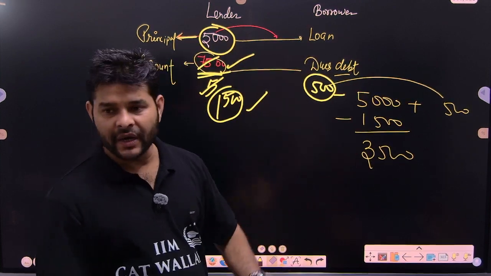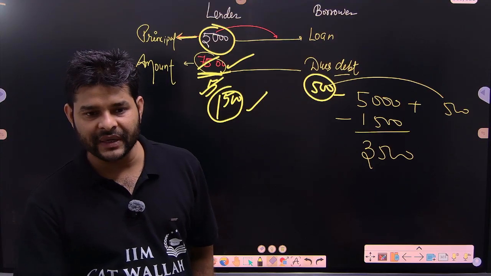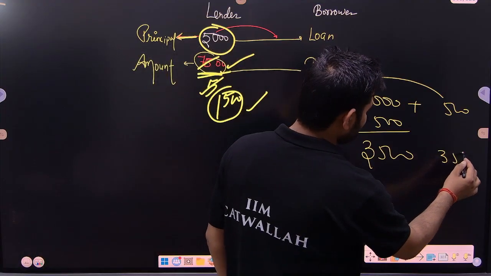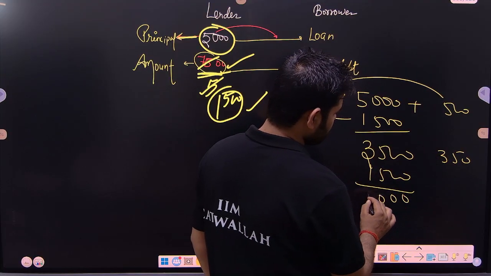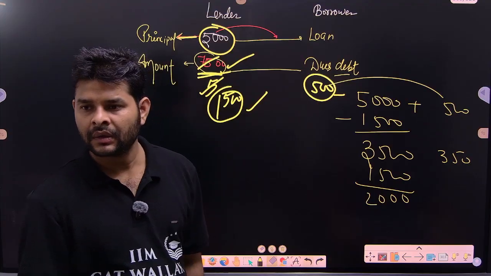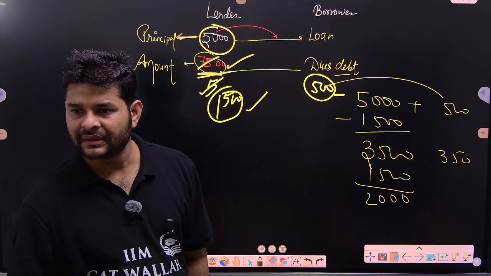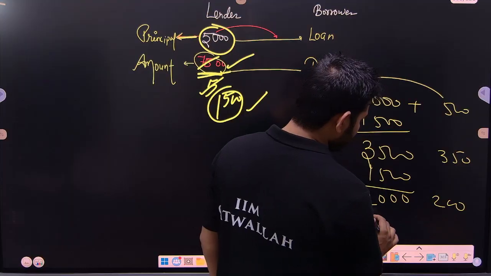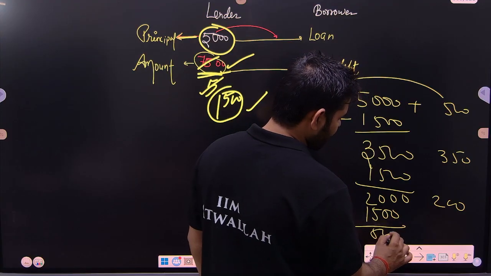So this 1,500 will be deducted, and on that value again he charged 10%. So 10% of that value would be 350. But I pay 1,500. On this again 10%, so that would be 200, but I pay 1,500. So that value would be 500.